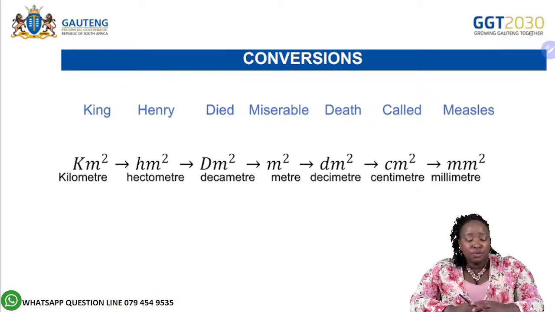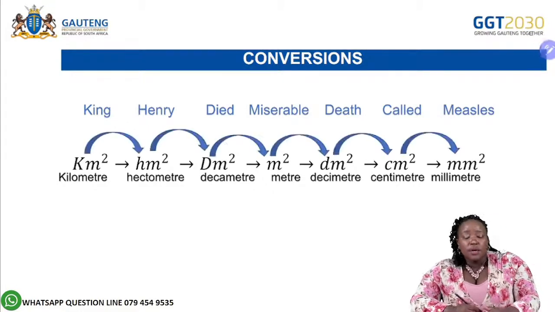We don't really use some of them, such as the hectometer and the decameter in our current grade, but it's good to know them because with the continuation of your grades and even in university, you end up needing to use the conversions, right? So with area, we use square units, hence I've squared all of these as well, right?